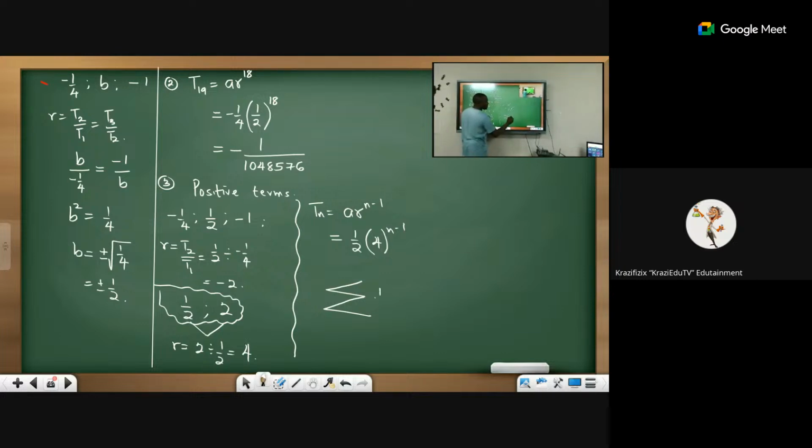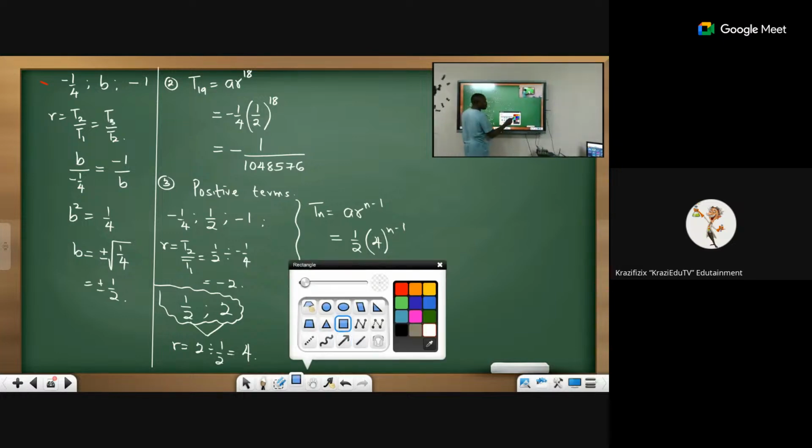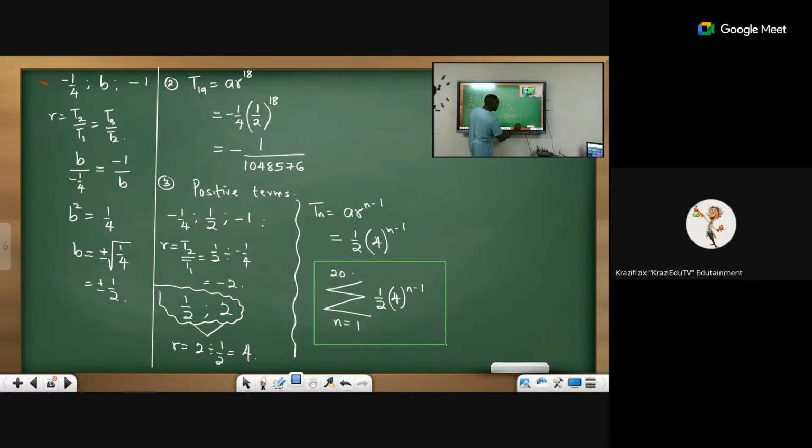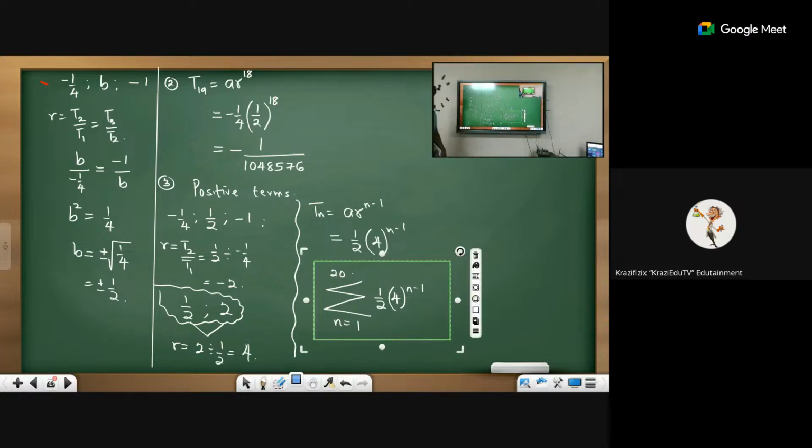We put our Tn here, remember? And n equals 1 to 20 for sigma. So there's no need to waste time on sigma again. We spent so much time on it. We follow the same process. Guys, let me know if it makes sense.